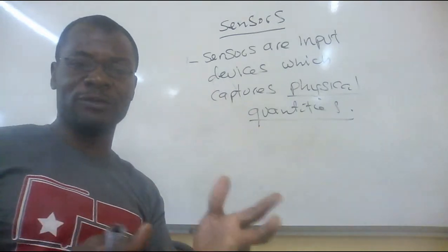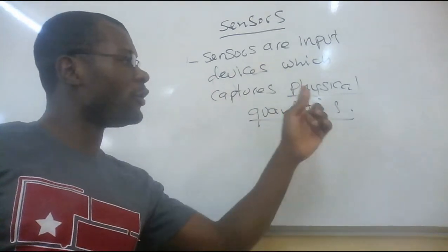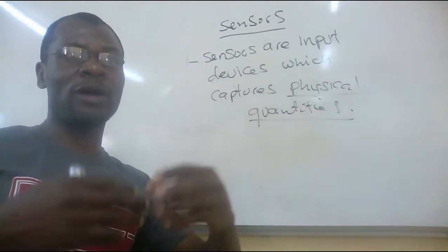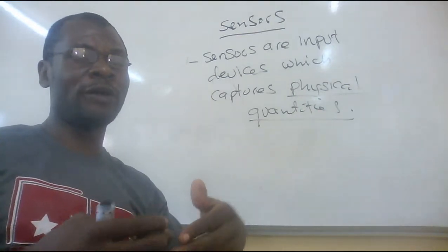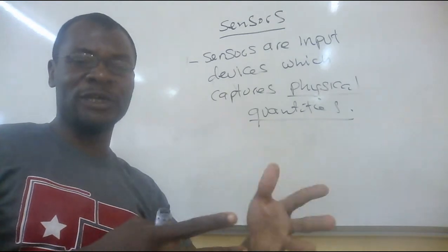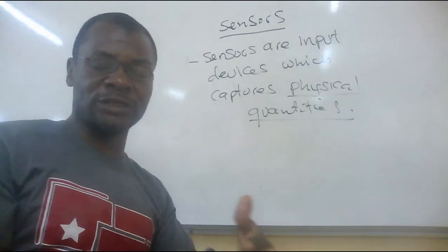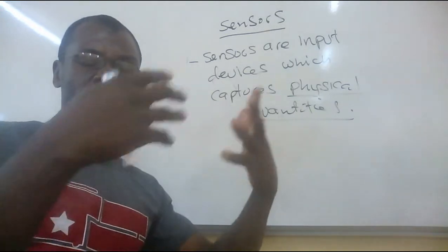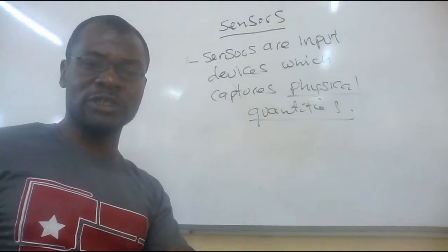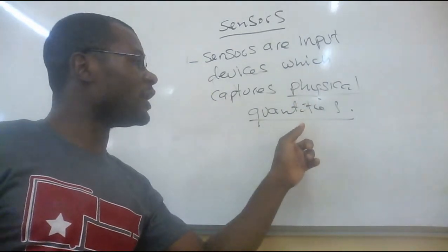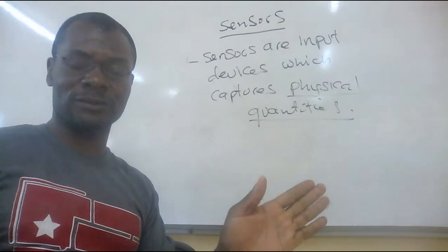So we take the temperature as an example of physical quantities. We also take the alkalinity of the soil, measuring the pH, as a physical quantity, because the pH is not part of the computer world, it's part of our world.